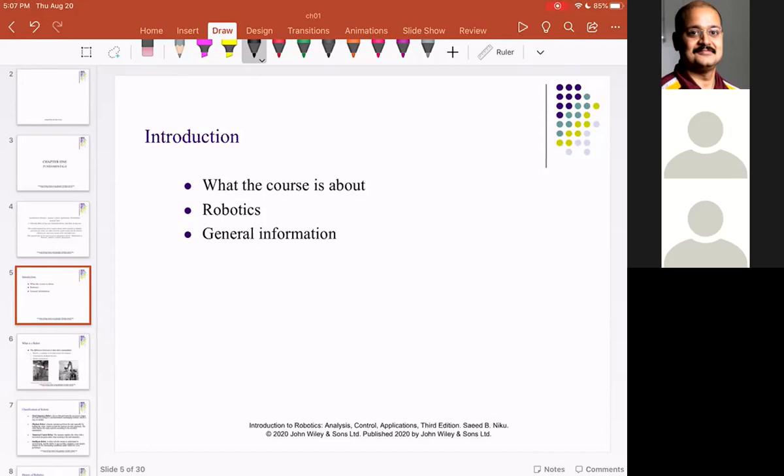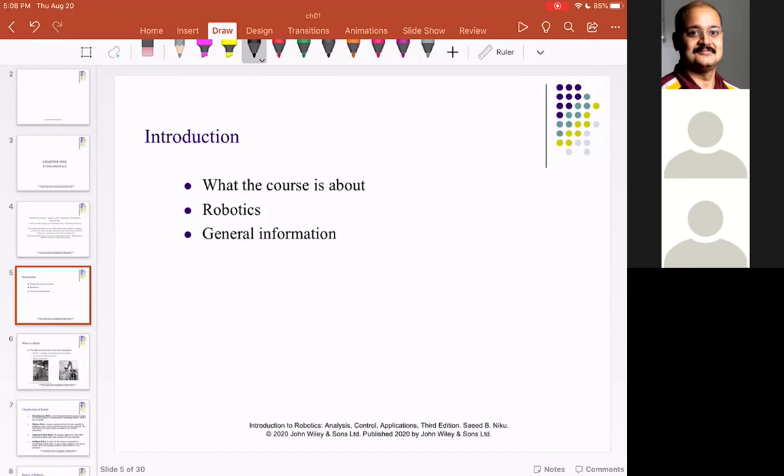You have robots that are autonomous ground vehicles or autonomous aerial vehicles. It's not possible to study all the different types of robots. So in this class and in this book, we are going to focus on dynamics of articulated robots. In other words, we will study robot arms, multi-body system dynamics, and control.